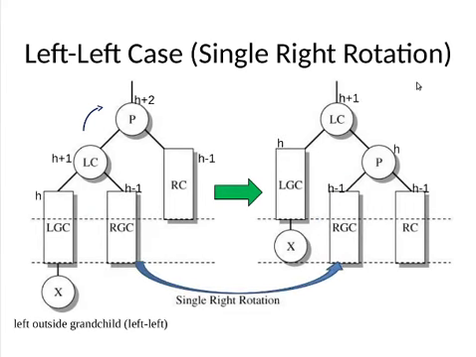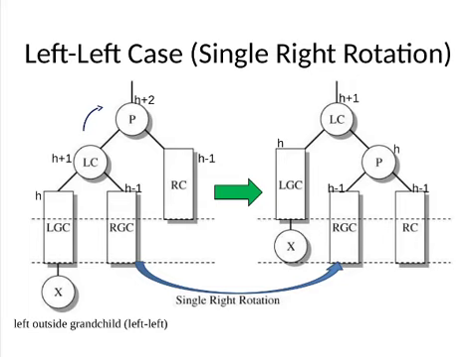Let's now verify whether or not this single right rotation restores the balance factor at P in the permissible range of -1 to 1. Consider the tree on the left. We assume that before the left insertion of node X, the balance factor of all the nodes in the tree were in the permissible range of -1 to 1.